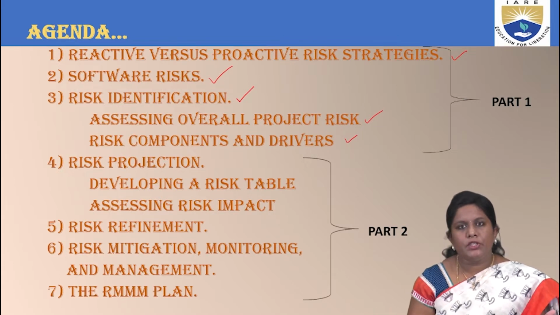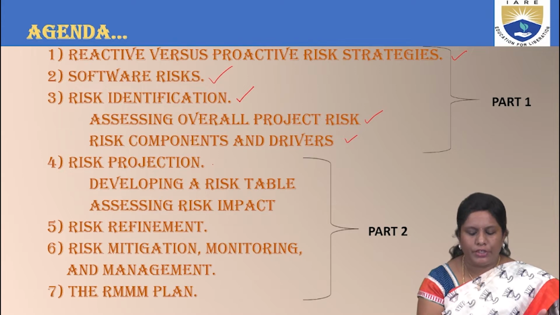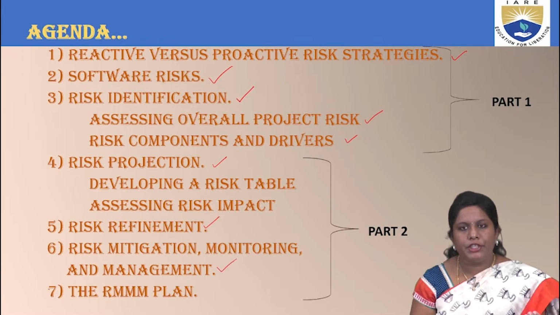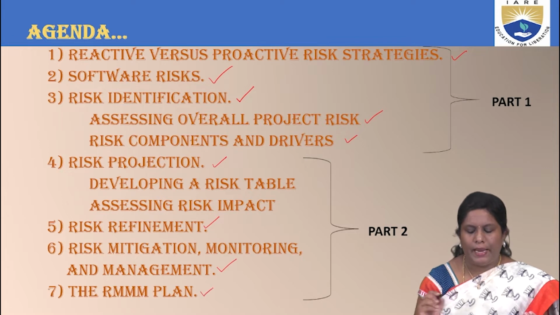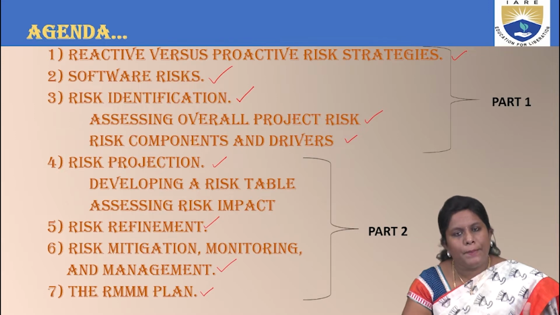Today we are going to cover risk projection, risk refinement, and RMMM, which stands for risk mitigation, monitoring, and management, and finally the RMM plan. So today's agenda focuses on projection, refinement, and the RMM plan.